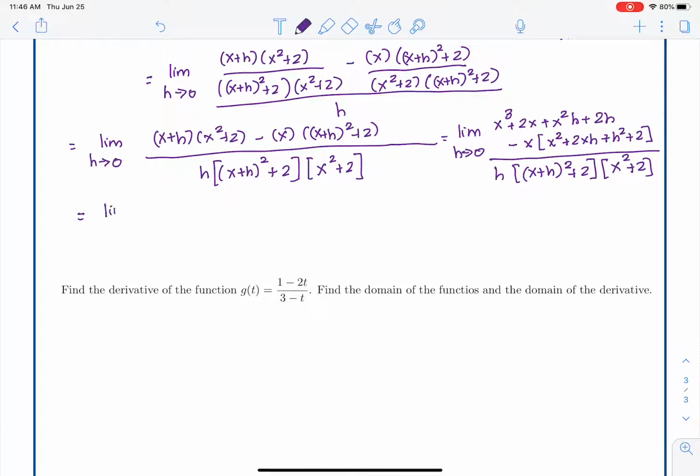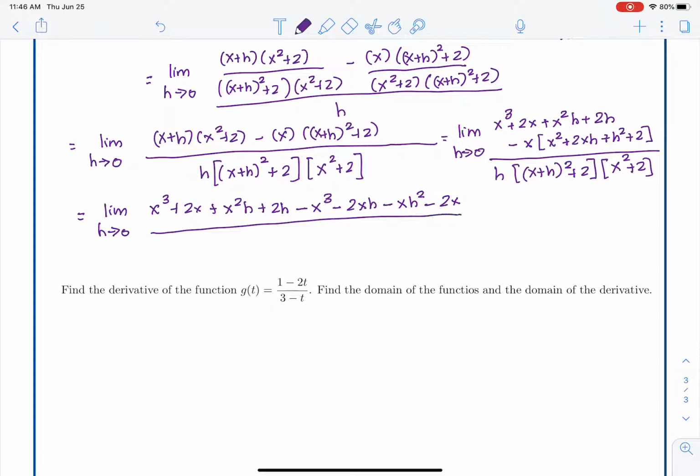Distribute the x in the second term. We have x cubed plus 2x plus x squared h plus 2h minus x cubed minus 2xh minus xh squared minus 2x divided by h times x plus h squared plus 2 times x squared plus 2.